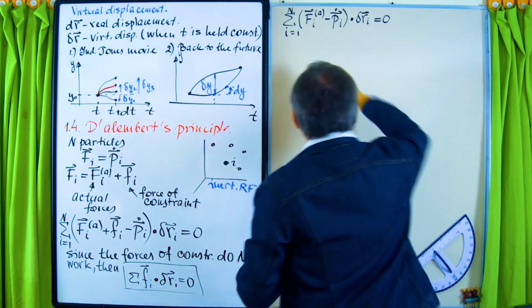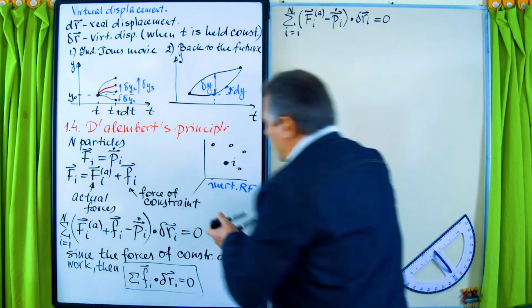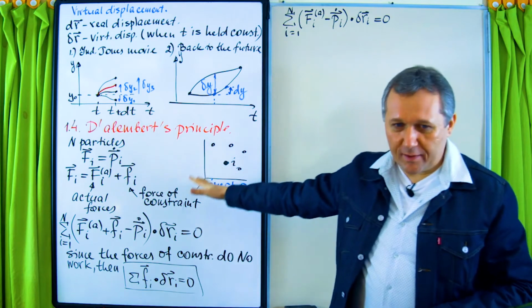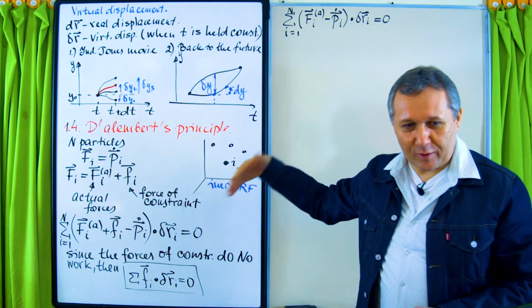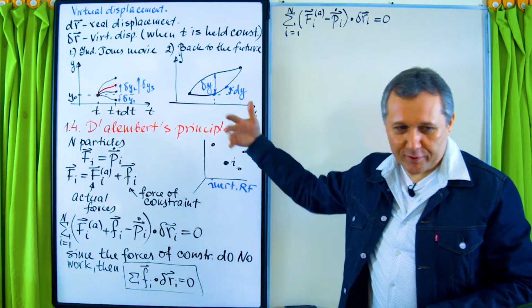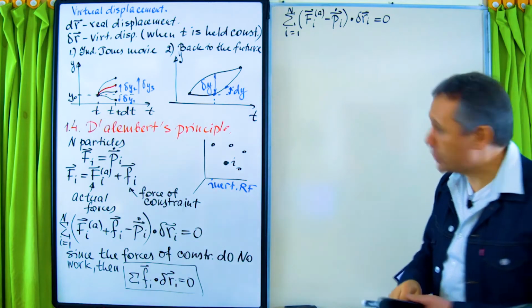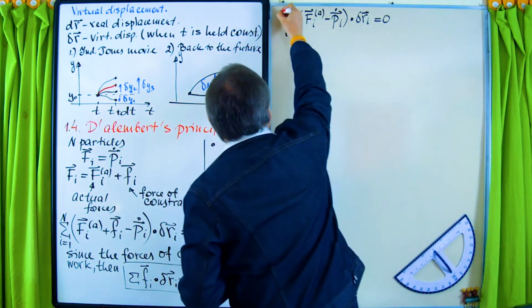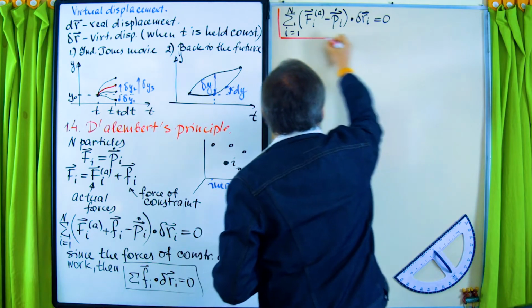That's what is called D'Alembert's principle. Okay, we can frame it. Again, don't look at this as a derivation. Again, it's sort of an educational point of view, a useful transition maybe from Newton's second law to the foundation of this formalism.